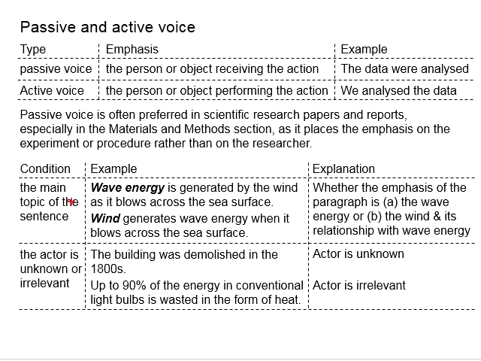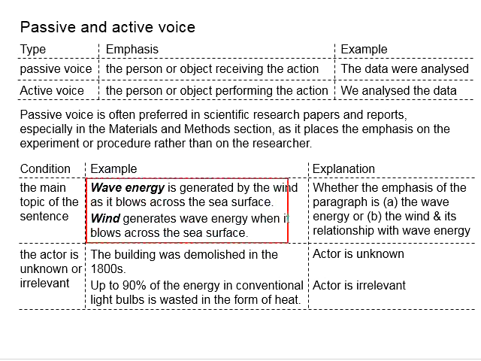First, you will need to consider the main topic of the sentence. Let us look at the example here. Wave energy is generated by the wind as it blows across the sea surface. The second sentence, wind generates wave energy when it blows across the sea surface.